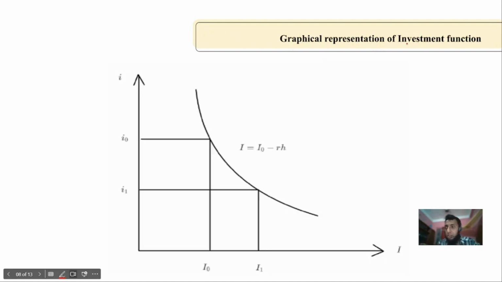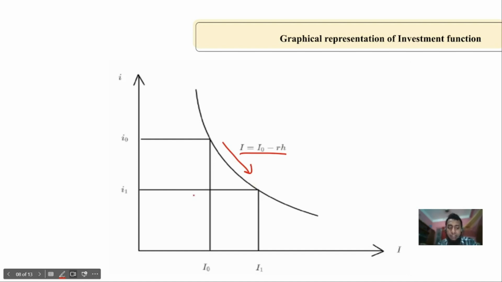Graphical representation of the investment function. We know the investment function I equals I naught minus rs. From the function, we can say that the function is downsloping, meaning when interest rates rise, the investment falls because borrowing cost increases.